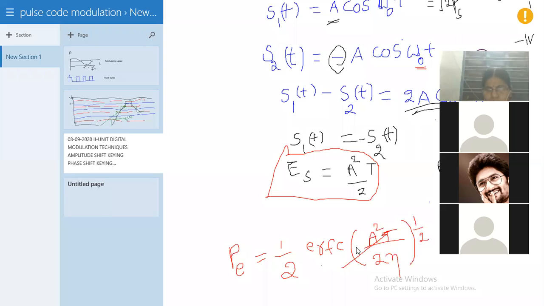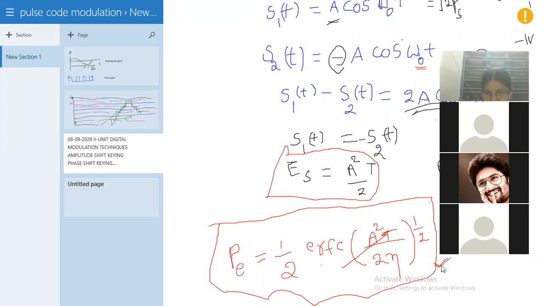Okay, so this is the probability of error of that BPSK signal.